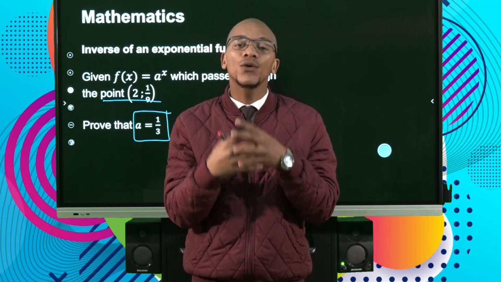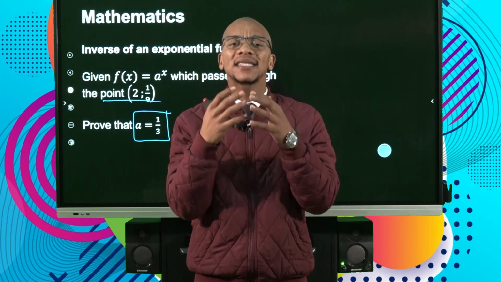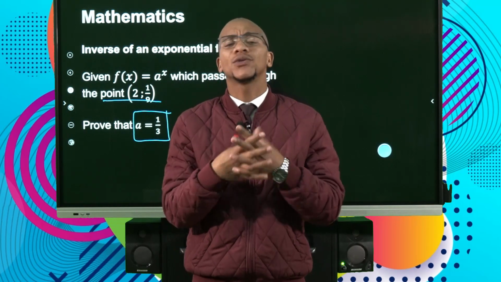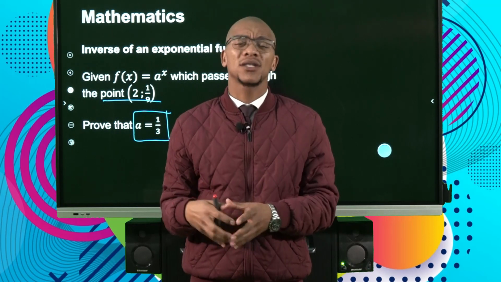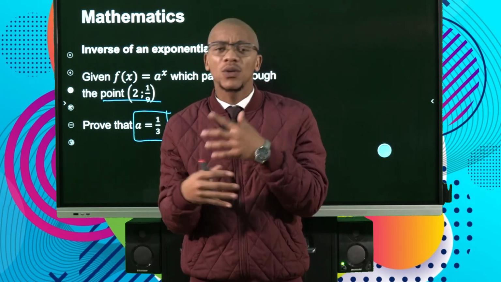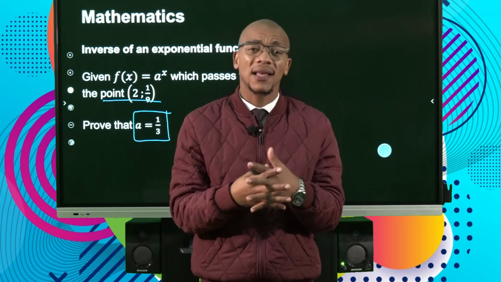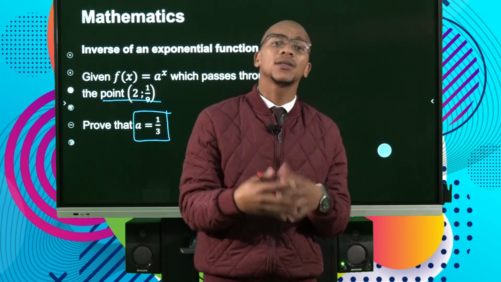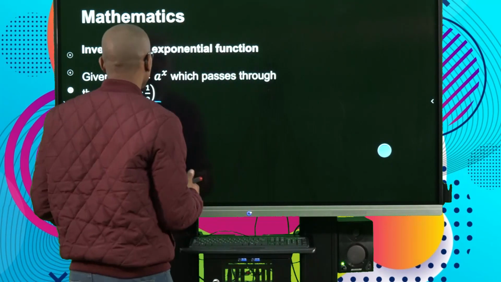For that, you simply substitute the x and y values and try solving. If it is possible to solve it, by all means go for it. If not, then maybe you will need to apply a log. So let's substitute the point given and see whether we can do what they want.